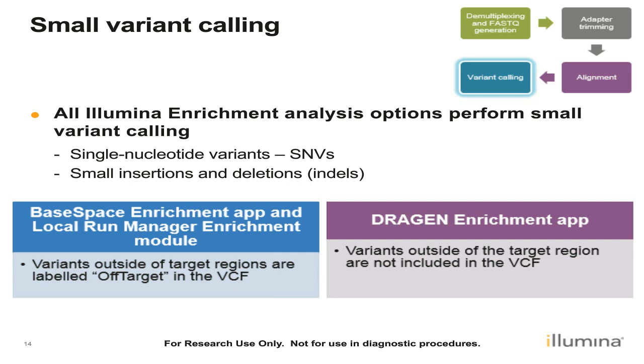By default, this is set to 0, but you can increase it. So you can add, say, 150 bases up and downstream, and the variant caller will then report on any variants found within those flanking regions, padding the target region.